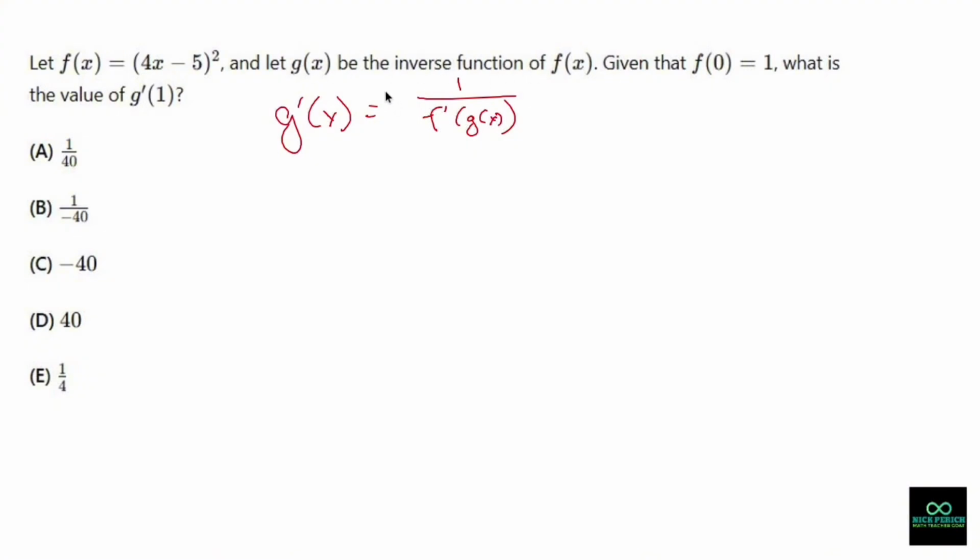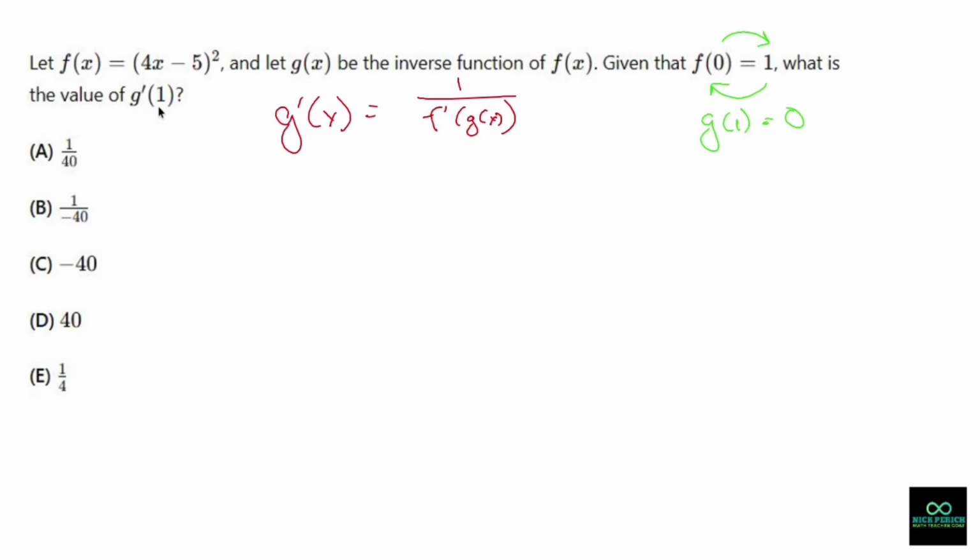Since f and g are inverses, and we are told that f(0) is 1, that would mean, flipping it around for inverse stuff, g(1) would equal 0.